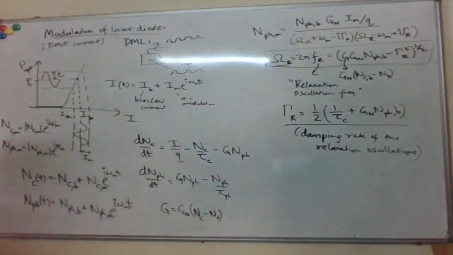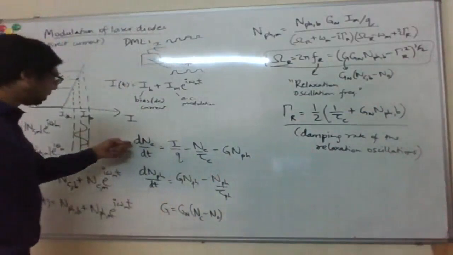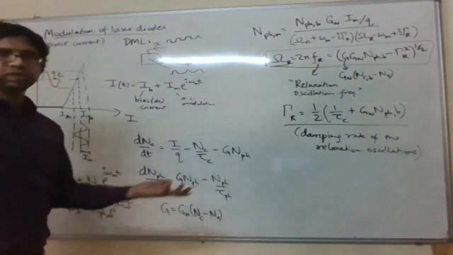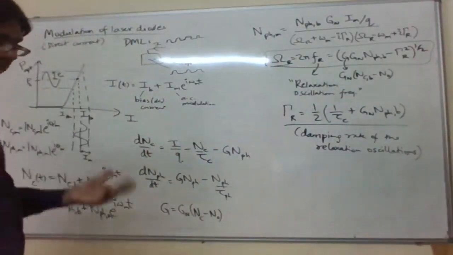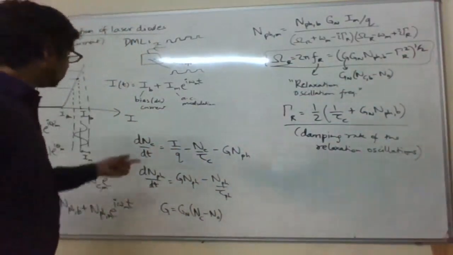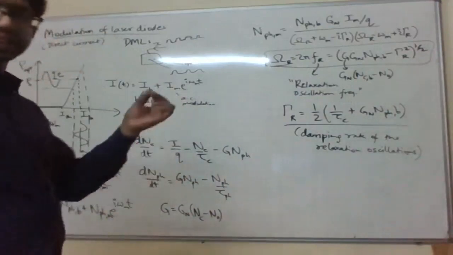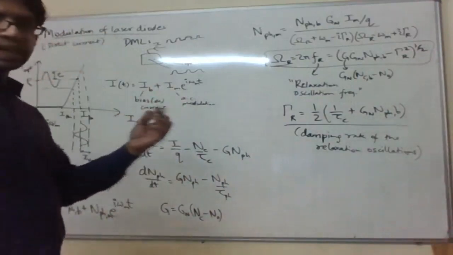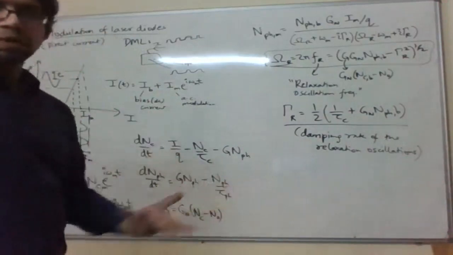Why this is happening is because we have these dynamics between the carriers and the photons, which are coupled to each other. Fundamentally, let's say the number of carriers in the active region increases slightly. That increases the recombination rate and produces more photons.